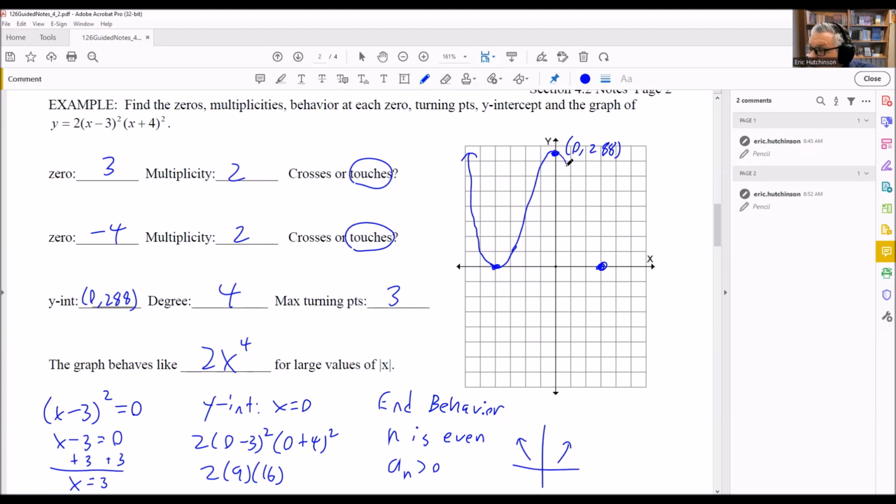Let me draw that a little bit better. It goes through this, and once again it touches, so it's going to come out like that. This is going to be a big W shape. Again, it does another bounce here because it touches at that point. So it resembles a big W shape, and that would be your overall graph.